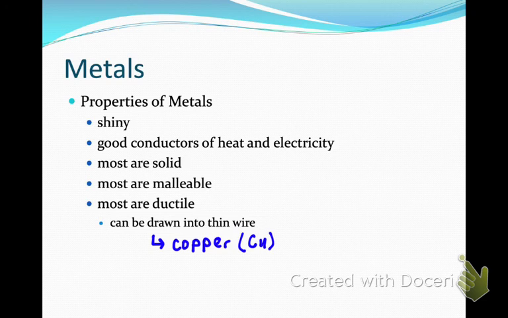Okay. Copper is a good one. There's just really a lot that can be considered really ductile metals. Lead, right? We use lead to draw and make pipes, things like that. Lead is Pb. But there's a lot of different examples of really ductile metals. Those are two new words for us, so please make sure you have an idea of what those mean.